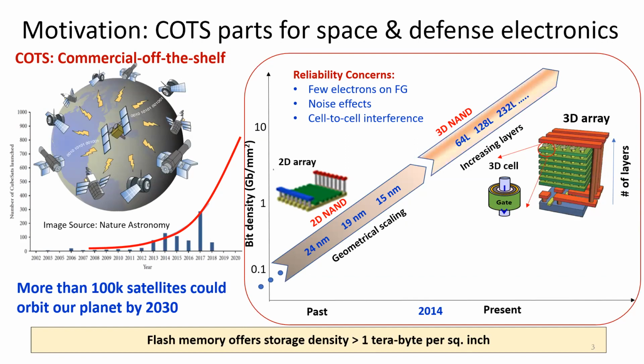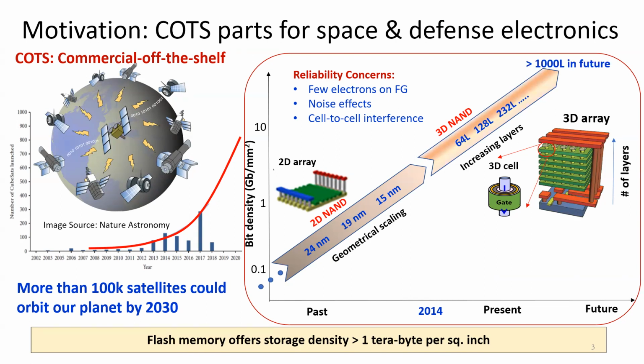So this is exciting, and there is a lot of innovation taking place to improve the bit density. However, from a radiation effects point of view, most of the studies done on flash are on the 2D NAND technology. So there are several unknowns for 3D NAND, and hence it is very important to look at the radiation response of 3D NAND technology before using it in critical applications.